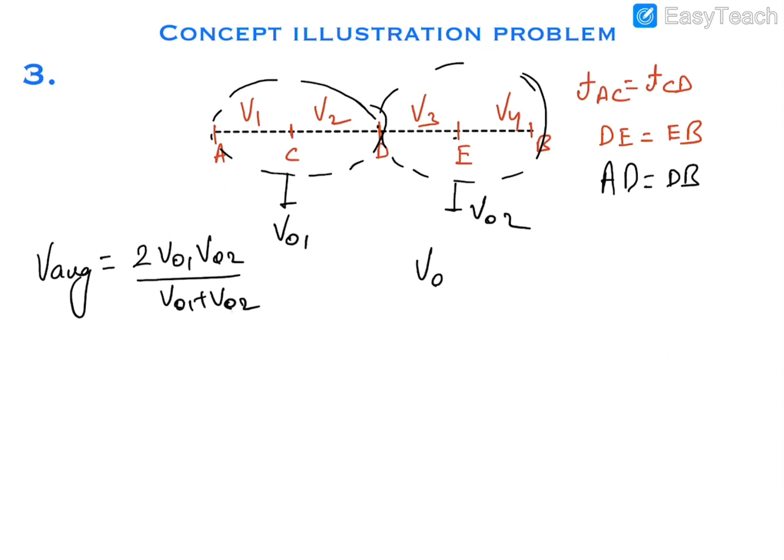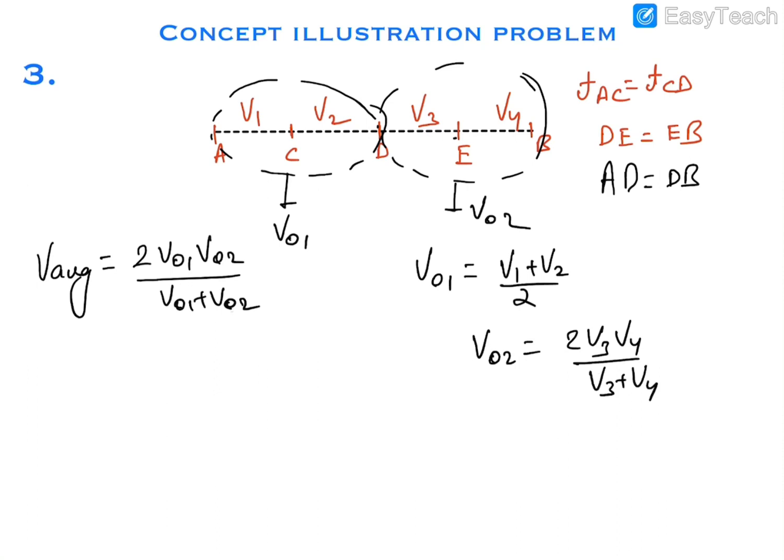So for v01, we can say that in this section AD, the time taken by the body to move from A to C is equal to time taken by the body to move from C to D, which means that time is being divided into two parts in this section. So we can say that the average velocity of this section would be (v1 plus v2) by 2, which we have already discussed previously. And the average velocity of the other section would be, because distance is divided into this section, 2 v3 v4 upon (v3 plus v4).